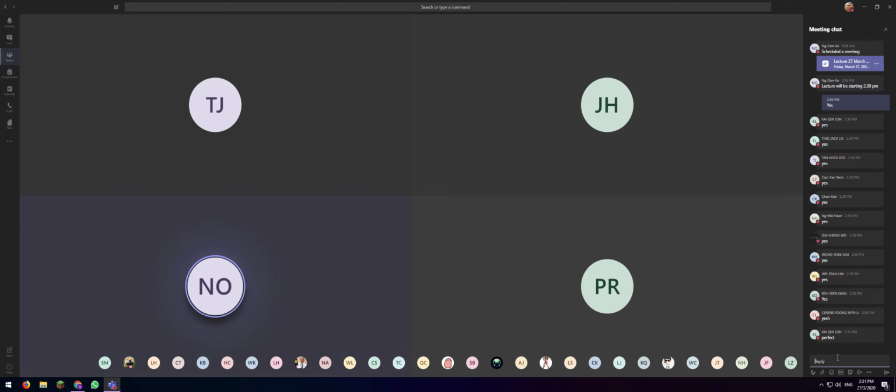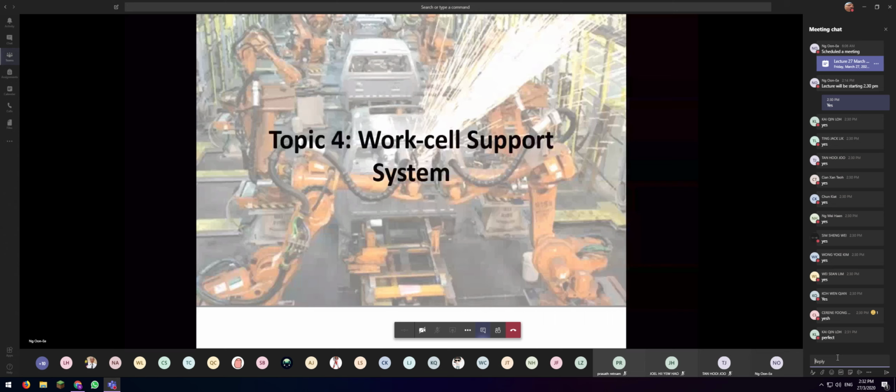I can't see my screen, so I need to do something else. 1 minute, 1 minute. Okay, yes, this works. So you should be able to see the screen. Now switching over in terms of audio.